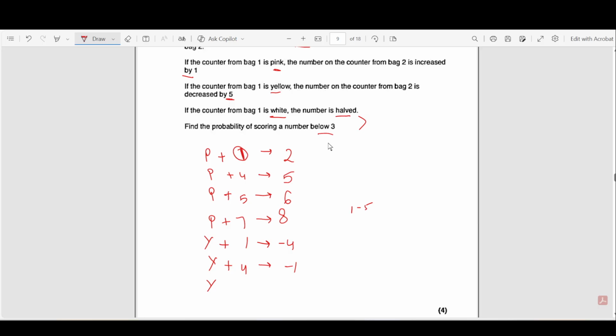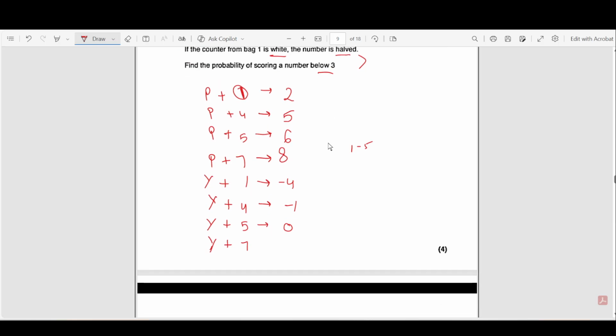Yellow and 5: 5 minus 5 is 0, because I'm just subtracting 5 from these numbers. Yellow and 7: 7 minus 5 is 2. These are the possible outcomes with pink, then yellow.